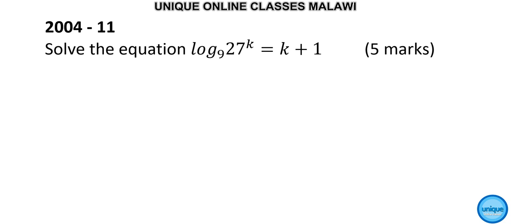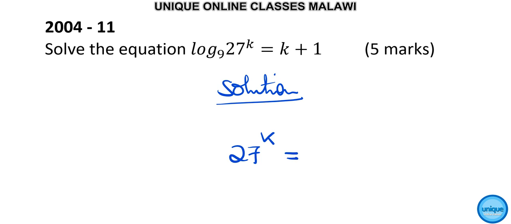Let me just change this into an exponential equation. So we have 27 raised to the power k is equal to our base 9 raised to the power of the whole of k plus 1.